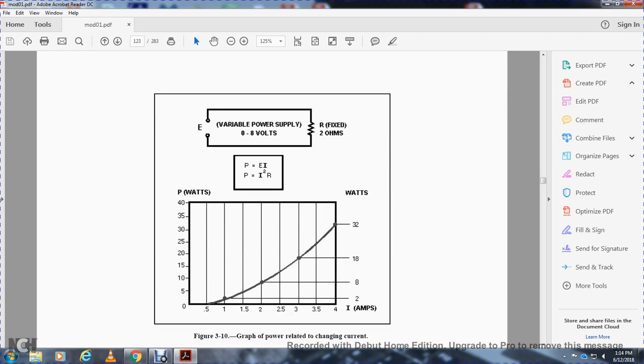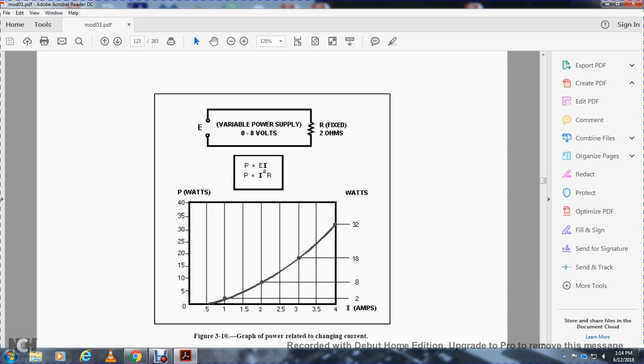Alright, this shows you the voltage in steps, the 0 to 8 volts in the chart. Remember that R is fixed at 2 ohms, so you have voltage over the ohms, which would give you half an amp.